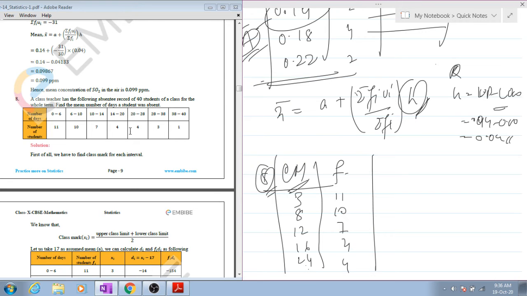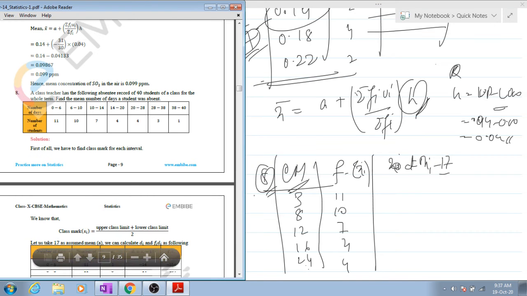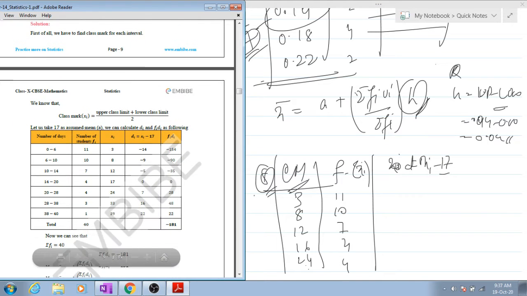Then if the calculations are not that big, you use the second formula. You write out xi, then you have to find out d, xi minus the assumed mean. Let me assume 17 as the assumed mean.